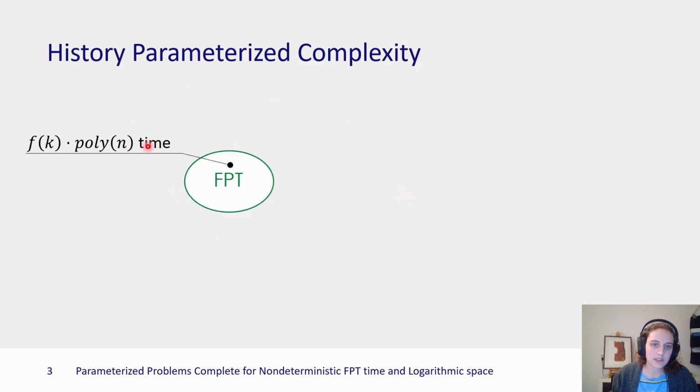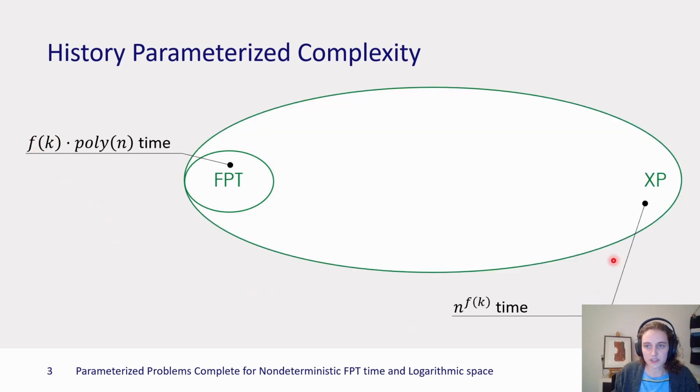And with this, there's a complexity class that's called FPT, which stands for fixed parameter tractable. And in that lie all the problems that can be solved in time f of k, so some function of k, and then polynomial time in n. So the dependency on n is not exponential, but only polynomial, and then there might be any kind of dependency on this parameter k.